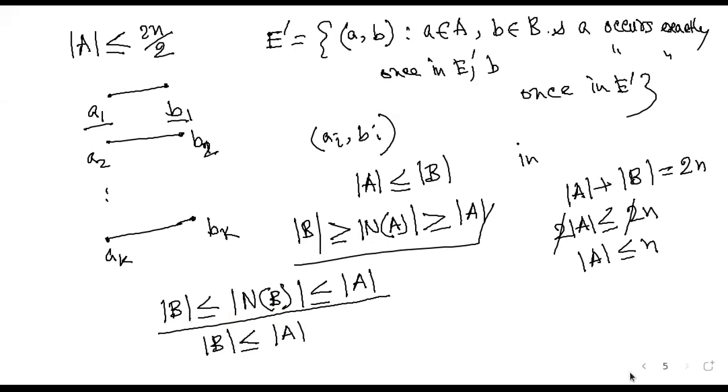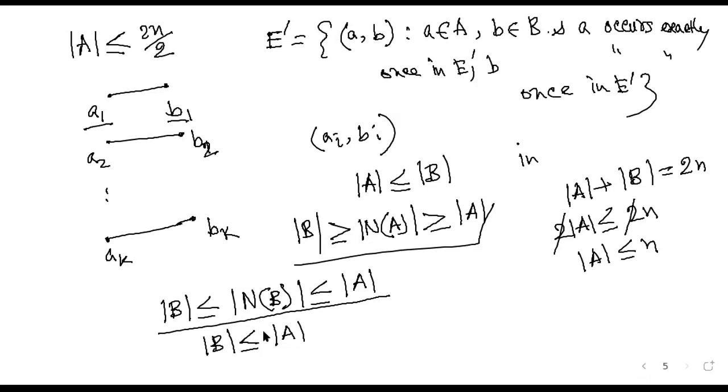Like in what we have done before, the way we have shown that the conditions of Hall's theorem hold, we can do the same thing by replacing A with B, right?